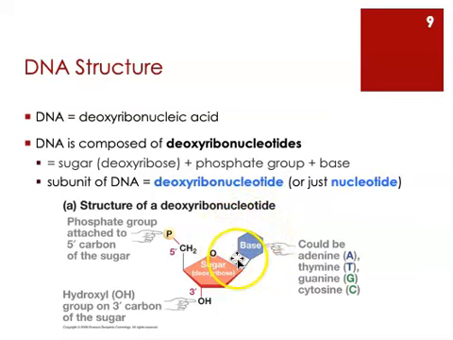This base, as it's drawn in this picture, is just a generic structure for a base. It could be an A or a T or a G or a C. So each nucleotide, each of the building block subunits of DNA, has one of those 4 bases attached to it.